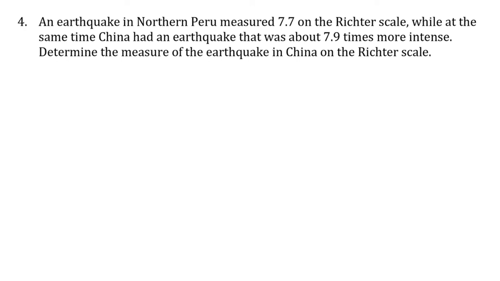So for this one, we need a let statement because we're introducing a variable. And if you just all of a sudden start writing x and nobody knows what x means, that's not appropriate, right? So let x represent the magnitude of the earthquake in China.